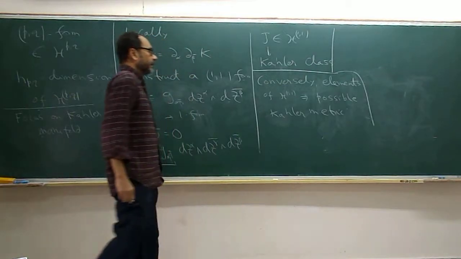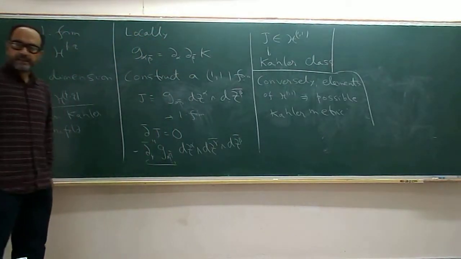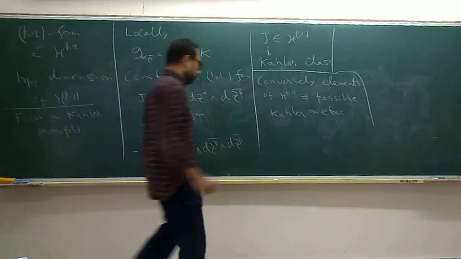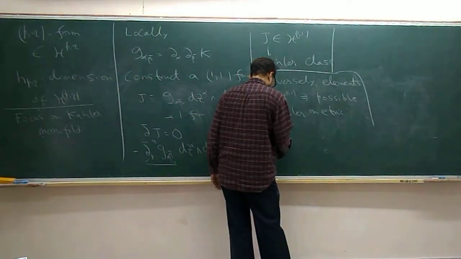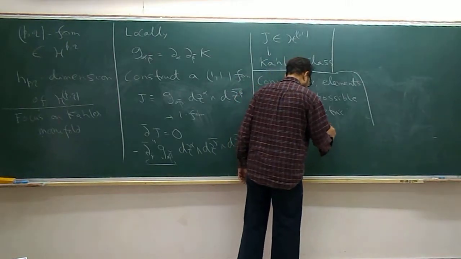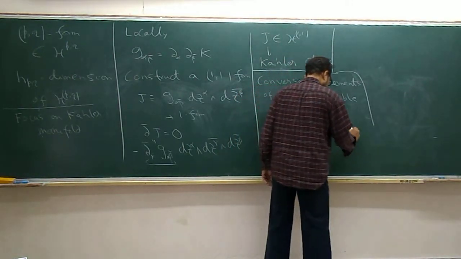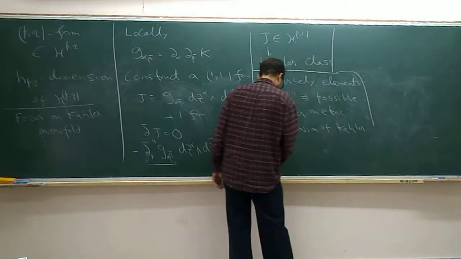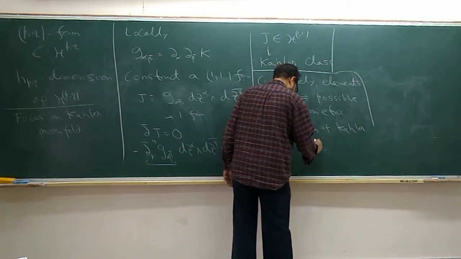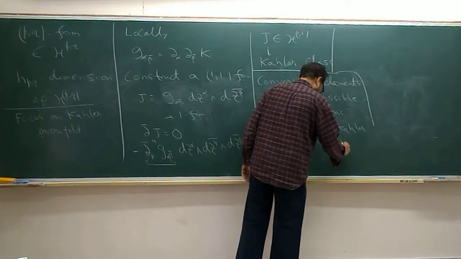So this gives you a way to count the dimension of the Kähler moduli space. Namely, the complex dimension of the Kähler moduli space is simply h^{1,1}.